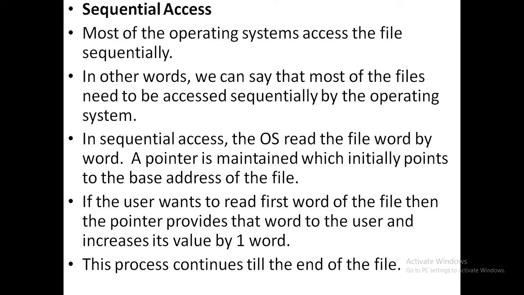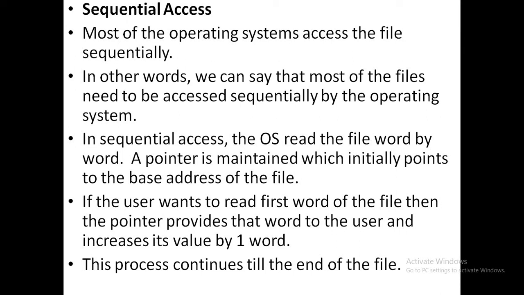Next, if the user wants to read the first word of the file, then the pointer provides that word to the user and increases its value by one word. That means it goes sequentially.